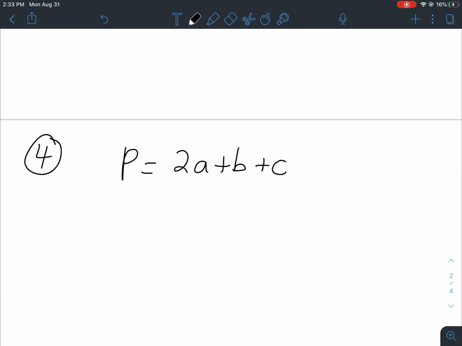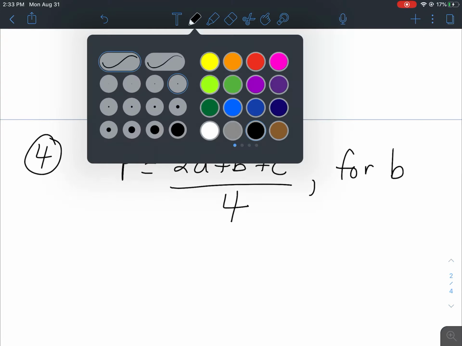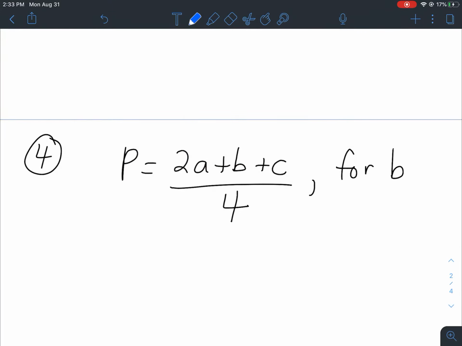Moving on to our next one here, number 4. We have p equals 2a plus b plus c over 4. And we are trying to solve for b. So how you do this one right here, we have to get rid of this whole thing divided by 4 first.